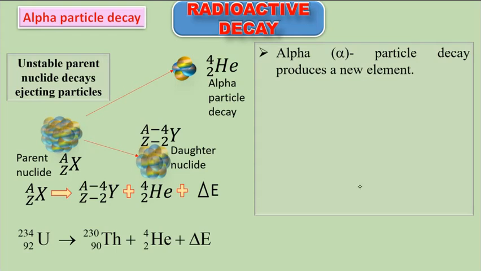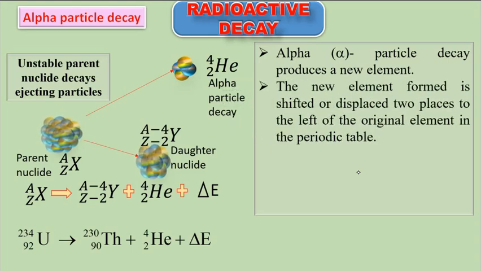Production of a new element. Number two, the new element formed is shifted 2 places, or displaced 2 places, to the left of the original element in the periodic table. What do we mean by that? Look at this also. Do you see this? The proton number is 92. Look at it very well.